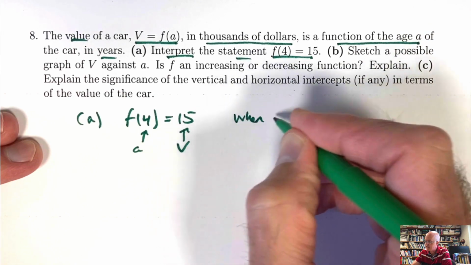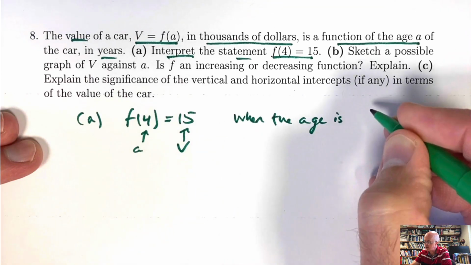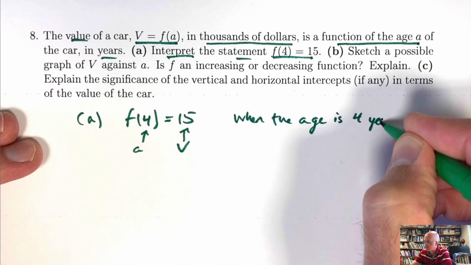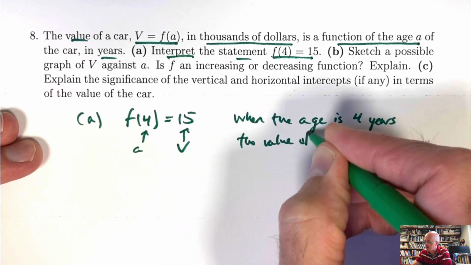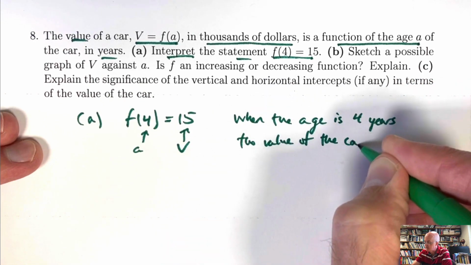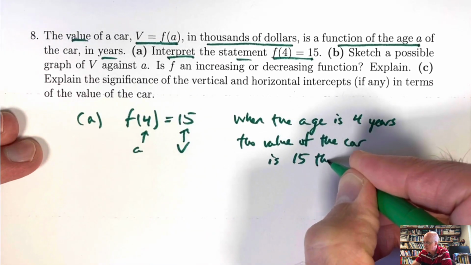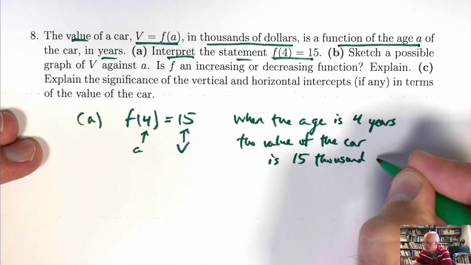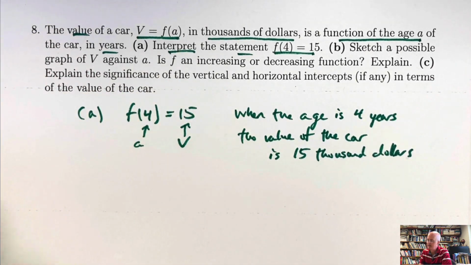When the age is 4 years, this is the interpretation. 4 years, the value of the car is, don't just say 15, give units, $15,000. Okay? Got to understand function notation.